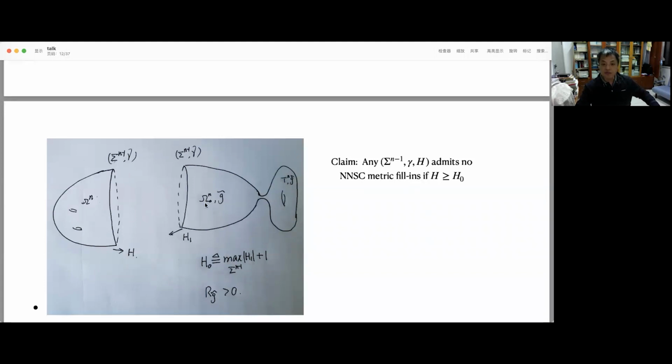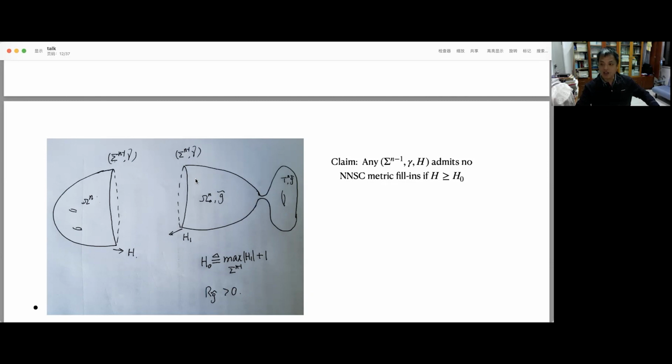Let omega naught be any fixed manifold whose boundary is sigma. And then we do a connected sum with an n-dimensional torus. And the resulting manifold is still denoted by omega naught. And now let gamma be the Riemannian metric defined on sigma.